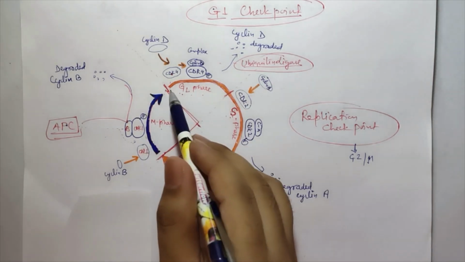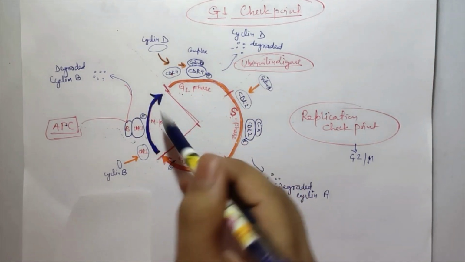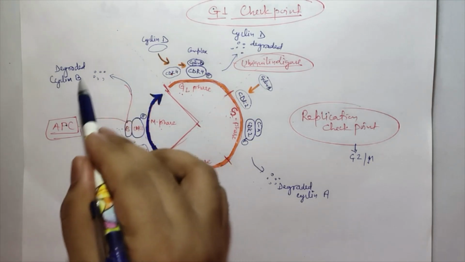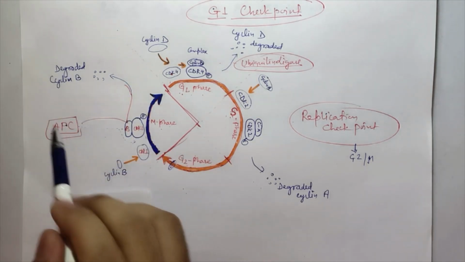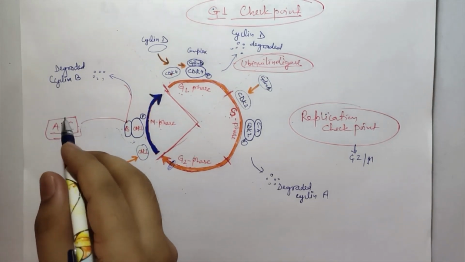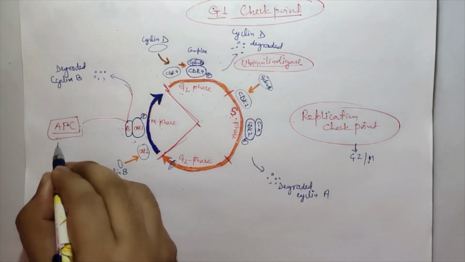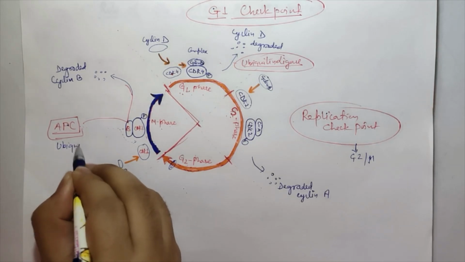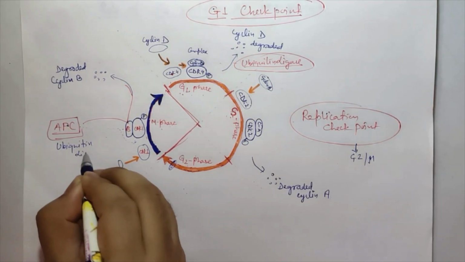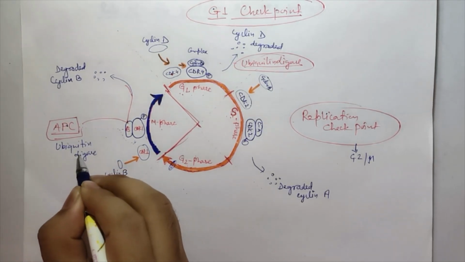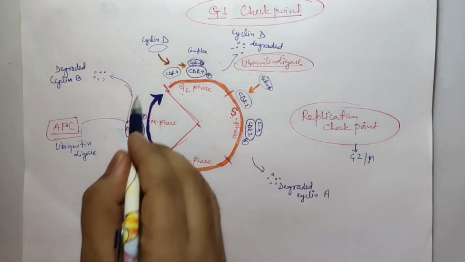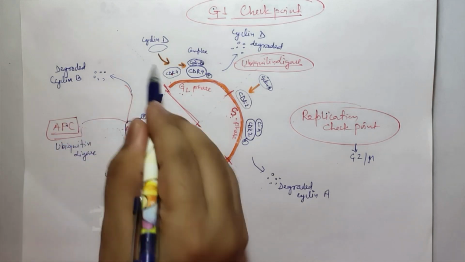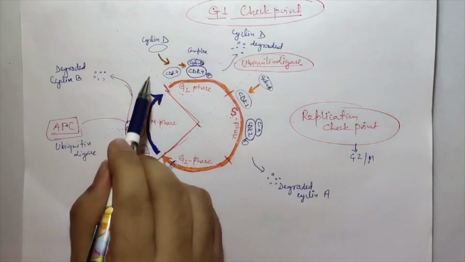Subsequently it is degraded by the anaphase promoting complex, which is also a type of ubiquitin ligase, and this degrades cyclin B and cytokinesis is carried out.